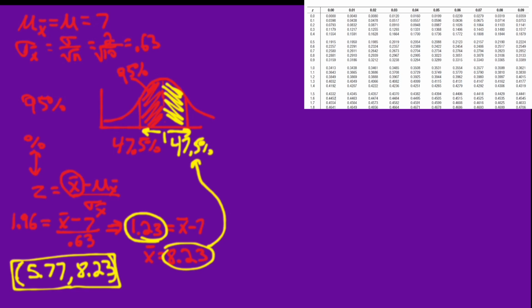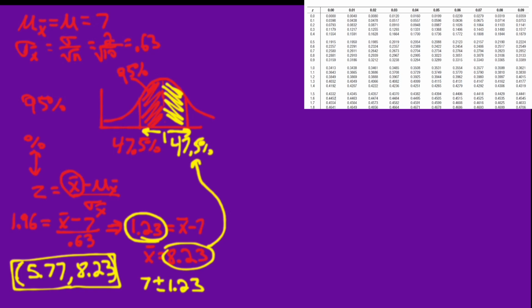Another way to write this would be to say 7 plus or minus 1.23. And we'll use both of these moving forward when we start to play around with what are called confidence intervals.